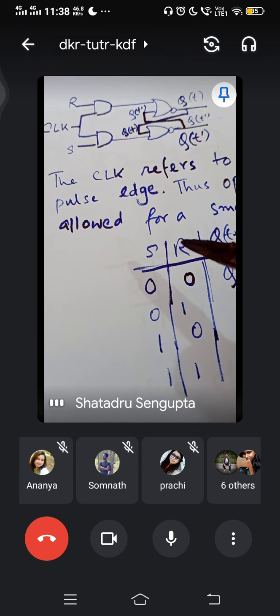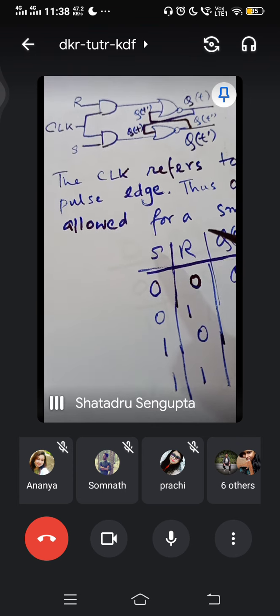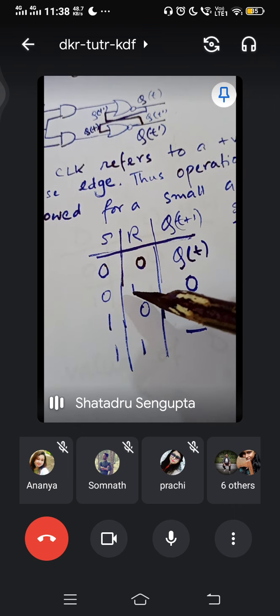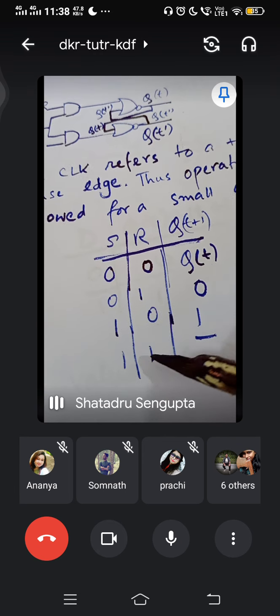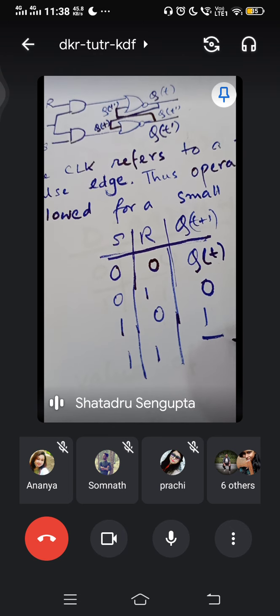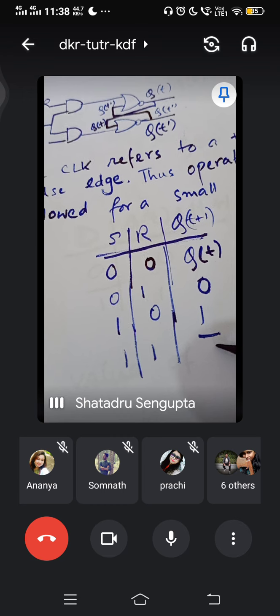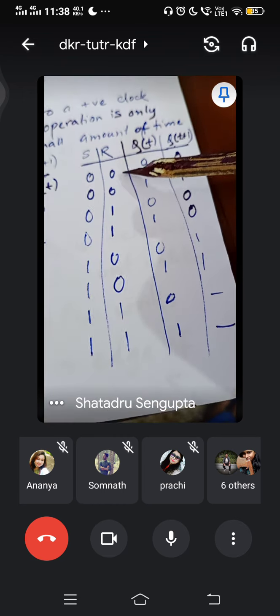Imagine if you wanted it to be off and on at the same time. How would you do that? You can't. Setting and resetting at the same time is not feasible, so it's undefined.